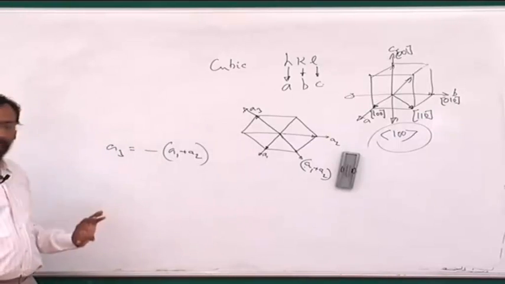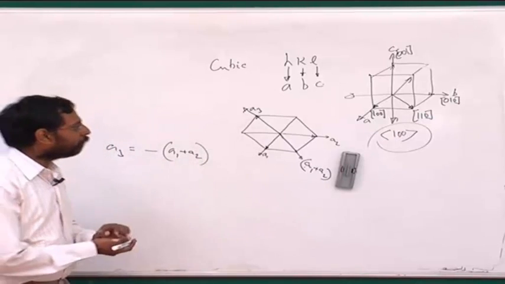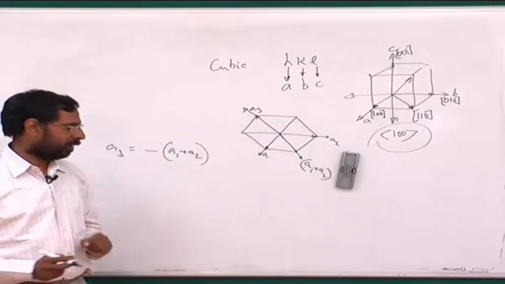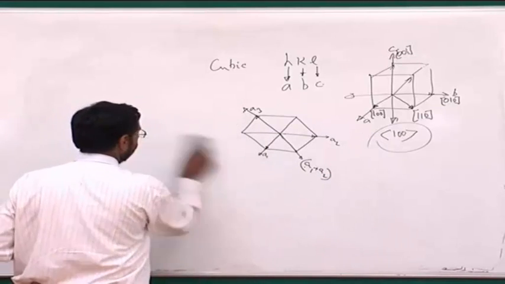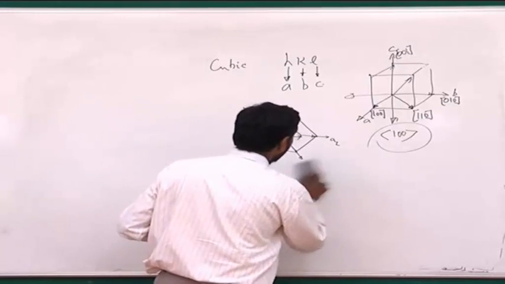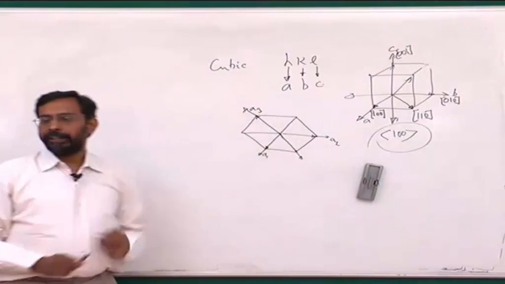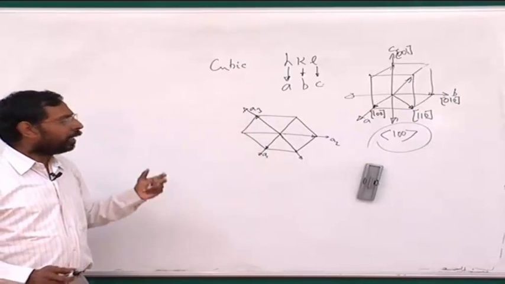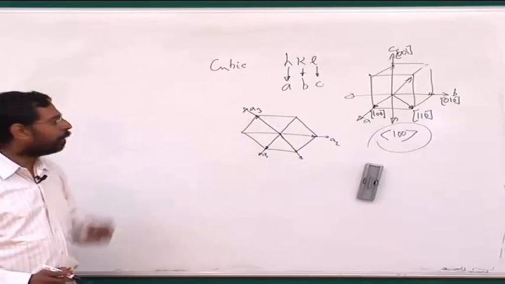Knowing pretty well that, people said, if I can use this, then I can show that all the directions will have similar indices. How does that come? I will try to show you how that comes in a minute. What we have to do is, because there are 3 coordinates in the basal plane, people thought it is easier to understand if I divide each of them into 3 parts.